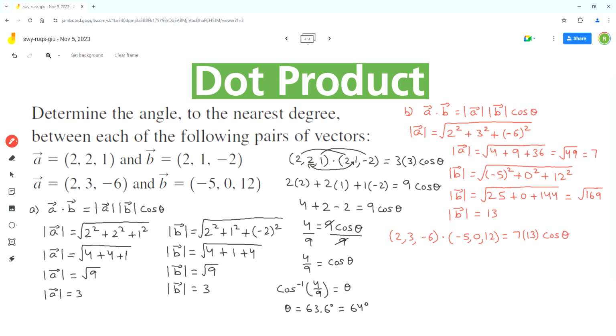Now we can do the dot product on the left side. So we'll multiply the x components, y components, and z components. Now 13 times 7 is equal to 91.